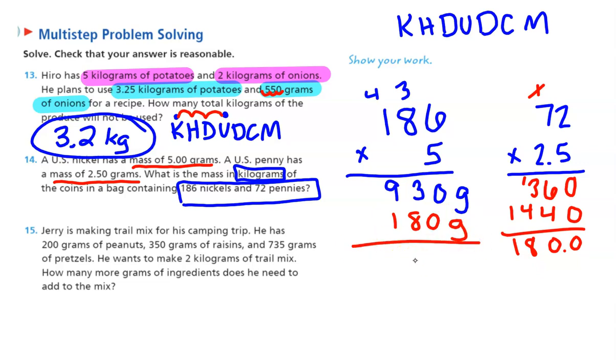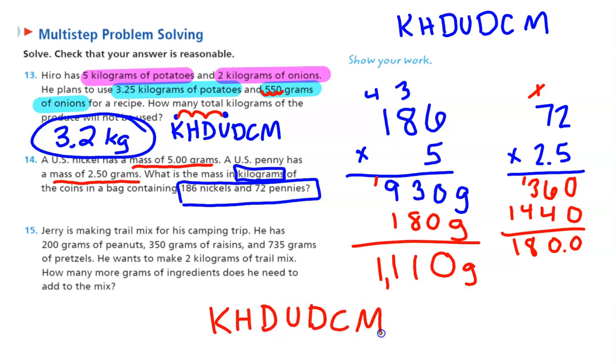So it says, what is the mass in kilograms of the coins in a bag containing 186 nickels and 72 pennies? So why don't we do this first? I'm going to first tell you that we have 1,110 grams of weight. But now I need to use my King Henry doesn't usually drink chocolate milk to be able to solve these problems.